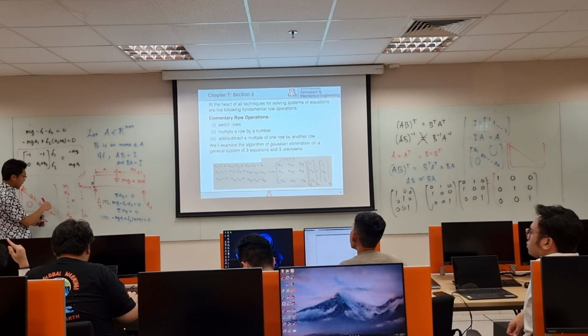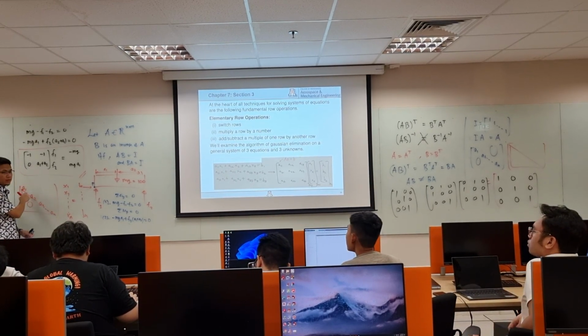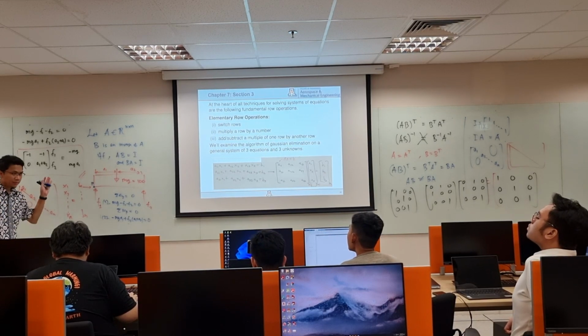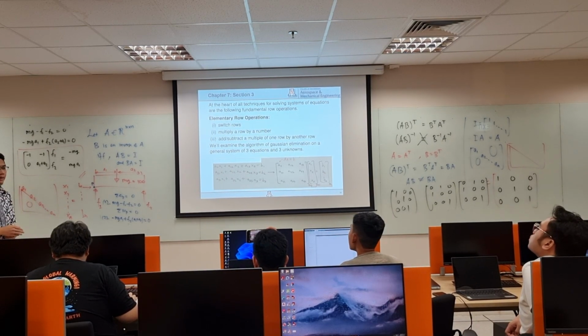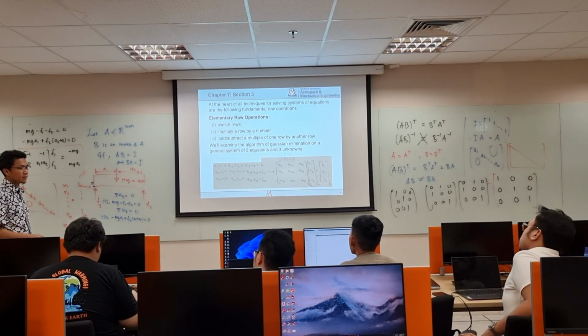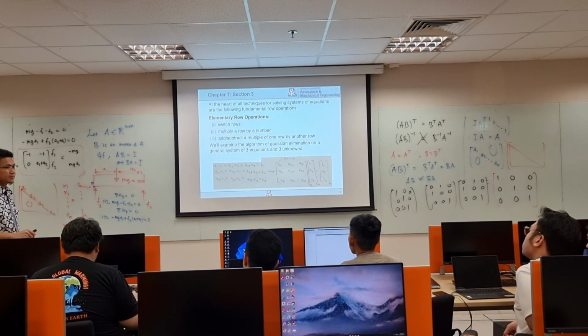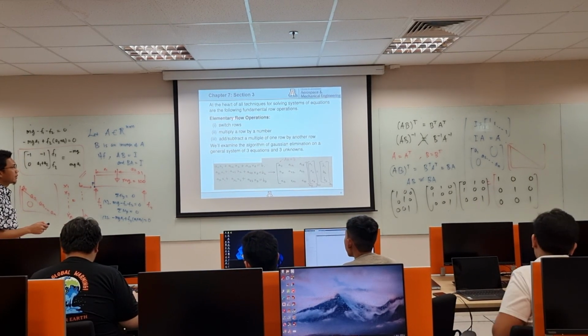Then you substitute back into the equation for n minus 1, all the way to the first. That's the plan: you will create an upper triangular matrix by doing the elementary row operations.